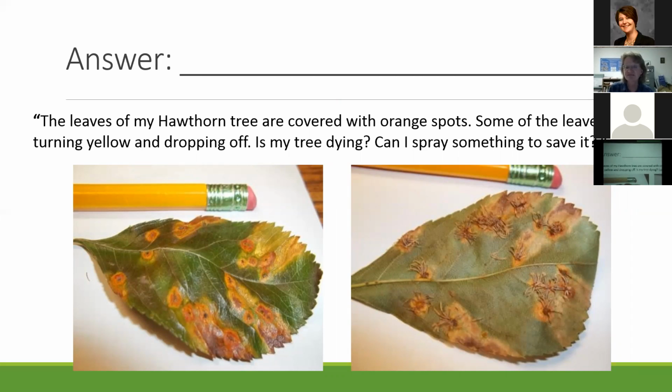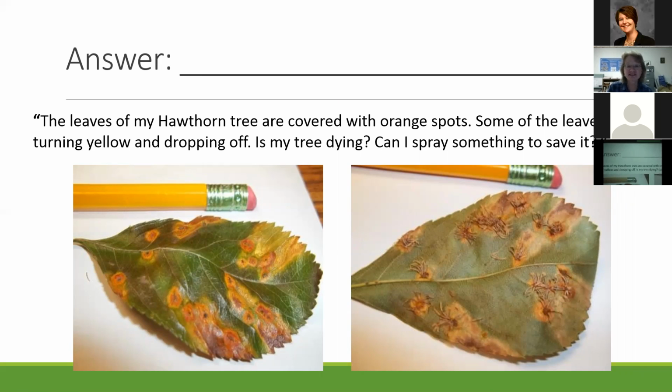Even if I think I know what it is over the phone, I will always end the conversation with, this is what I think it is, but if you want to take a picture and send it to me, or bring me a sample in, I might be wrong. And it does happen. People will send me a picture and I'm like, whoa, I was way off. A picture is worth 1,000 words.